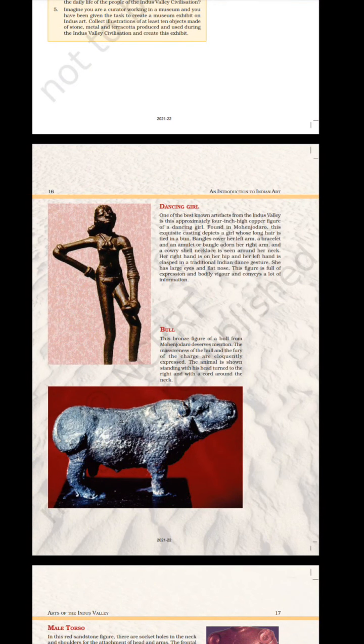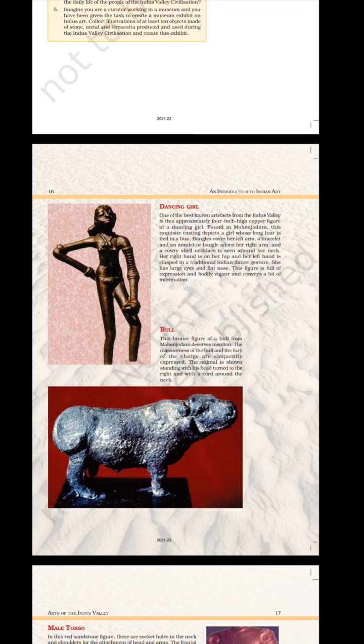Take a look at these figures. Dancing girl. One of the best known artifacts from the Indus Valley is this approximately 4-inch high copper figure of a dancing girl. Found in Mohenjo-daro, this exquisite casting depicts a girl whose long hair is tied in a bun.